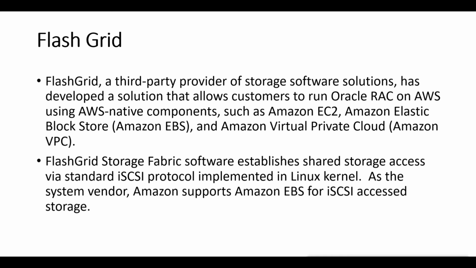FlashGrid is a third-party provider of storage software solutions and has developed a solution that allows customers to run Oracle RAC on AWS using AWS native components such as EC2, EBS, and VPC. FlashGrid Storage Fabric software establishes shared storage access via standard iSCSI protocol implemented in the Linux kernel.